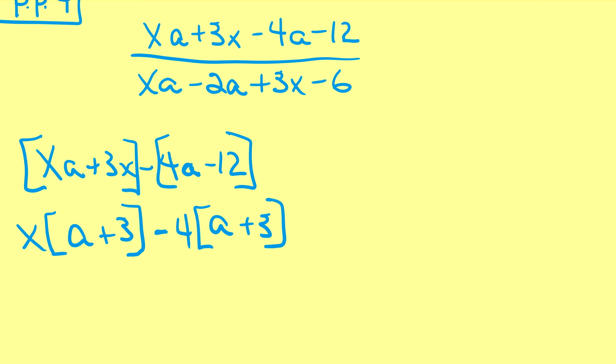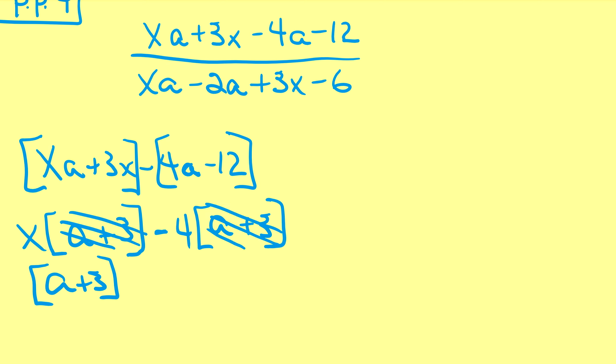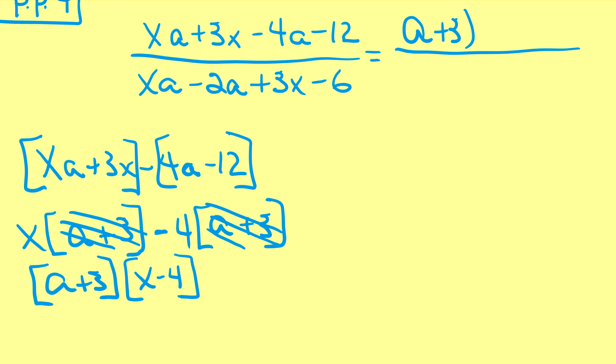Now I'm going to take out the common binomial factor of a plus 3. If I took it out, what's left over is x minus 4. So that is my numerator: it equals a plus 3 times x minus 4.